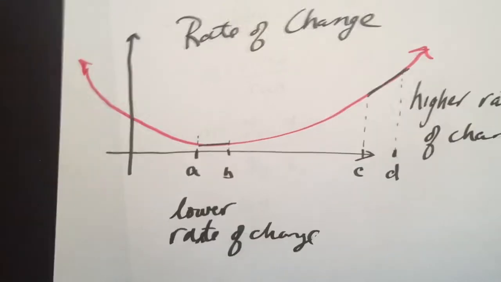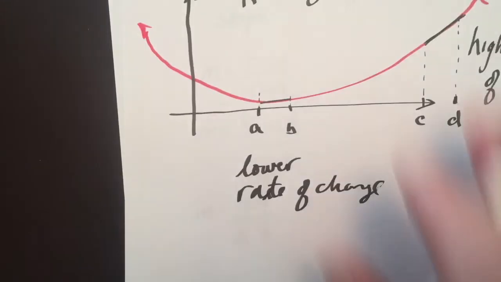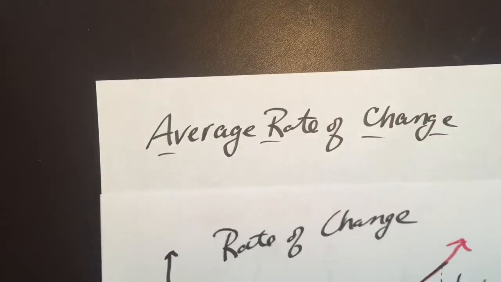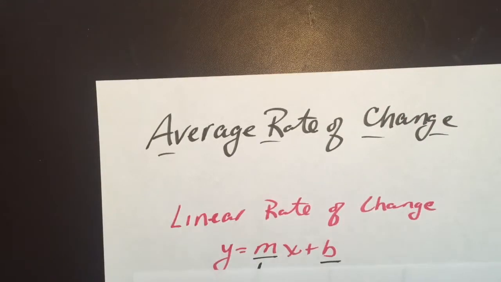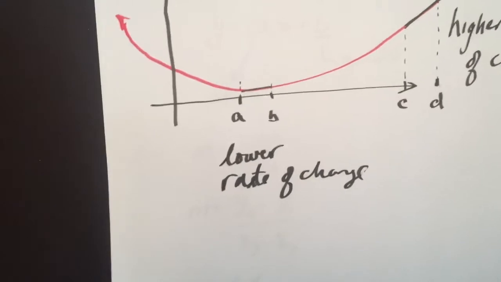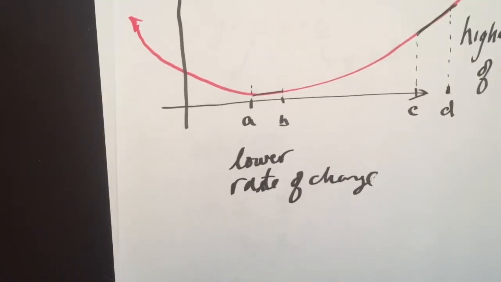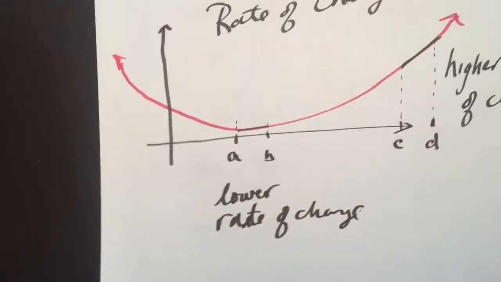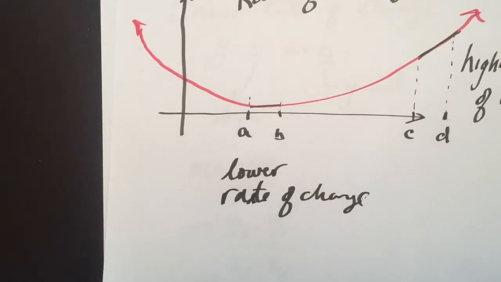Okay. So we're building up again to this whole understanding of average rate of change. So far we've looked at linear rate of change, which was our slope. We've taken that linear and superimposed that upon a curve just to see the concept of rate of change between two particular areas.